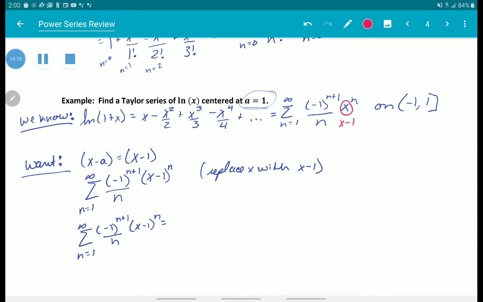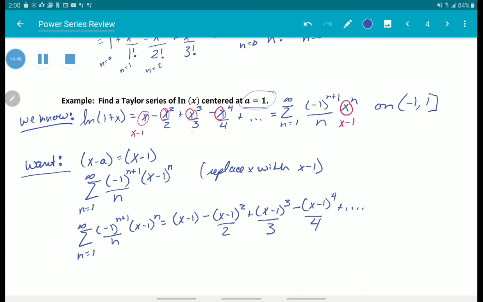We're going to have to do the same thing here for that expansion. So just so you can see a few terms, just replacing all of these with x minus 1. So if we were to do that, we're going to have an x minus 1 minus x minus 1 squared over 2 plus x minus 1 cubed over 3 minus x minus 1 to the 4th over 4.